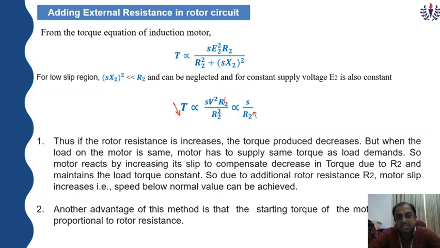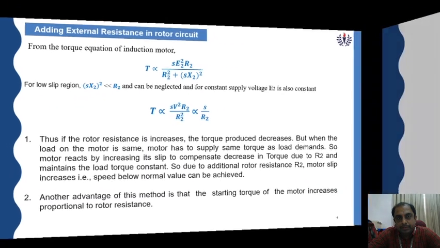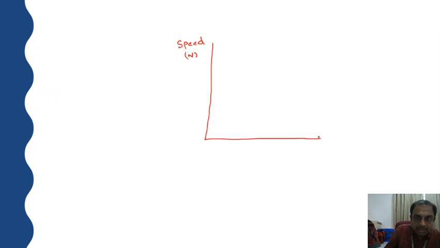Here, this is the graph, the characteristic curve. On the x-axis is speed N, on the y-axis is torque T. This is my zero point, and at this point you can set 1500 rpm, that is the synchronous speed.